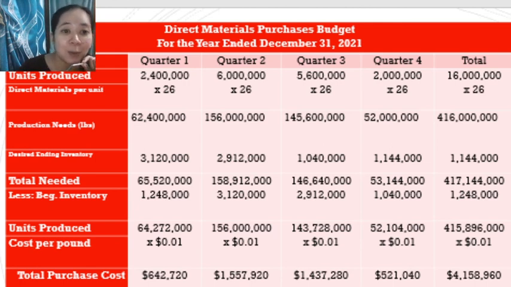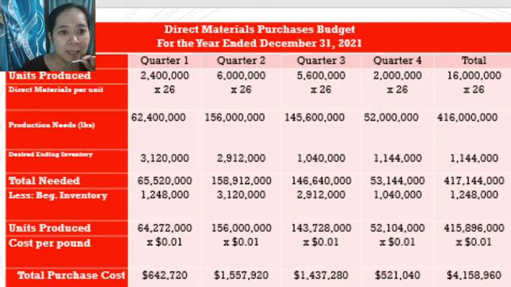So that's 1,248,000. Because the ending inventory of 2020 is based on the first quarter requirement of 2021. Okay, that is our rule. That's why it's 1,248,000. Again, this beginning inventory is equal to 62,400,000 times 2%, based on the rule.